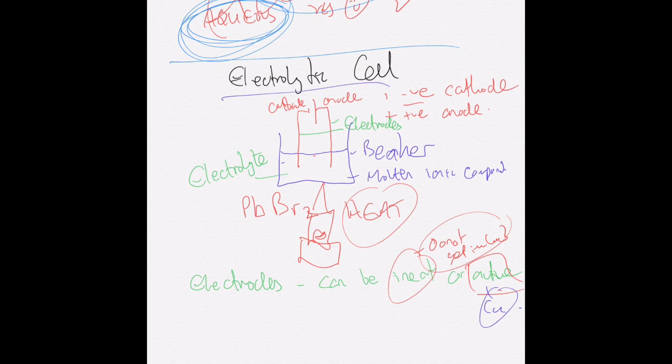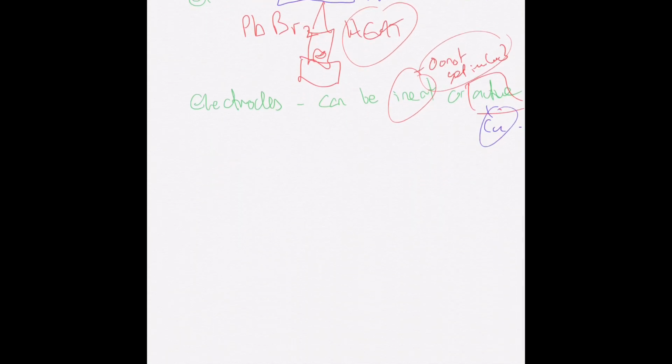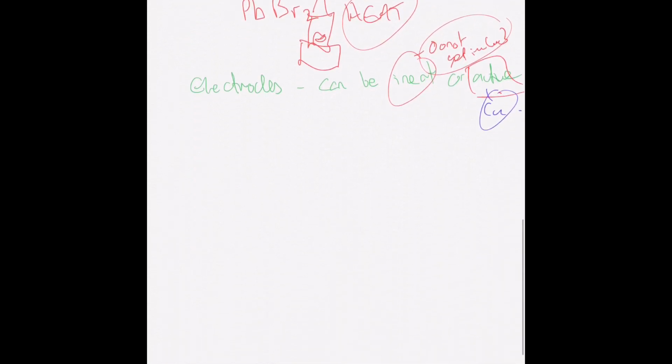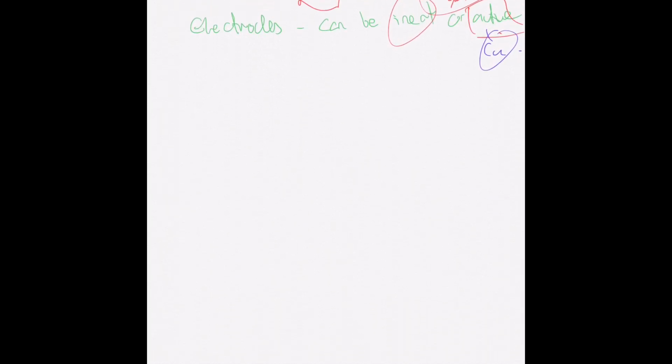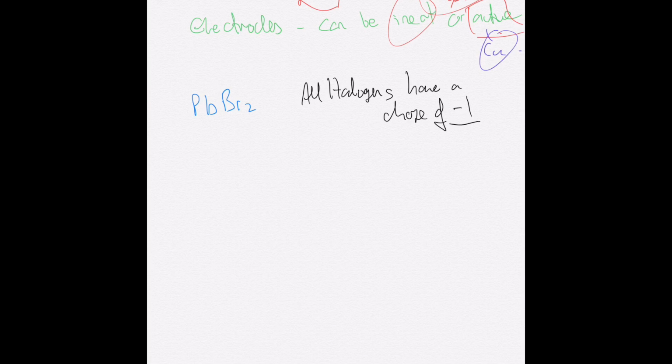So what do we have? Well, we have an electrolytic cell. We have a desire to pass our iGCSE in Coordinated Science Chemistry. So if I'm going to stick an electric current through PbBr2, I need to understand that bromine is from group 7, and that means it's a halogen. And all halogens have a charge of -1.